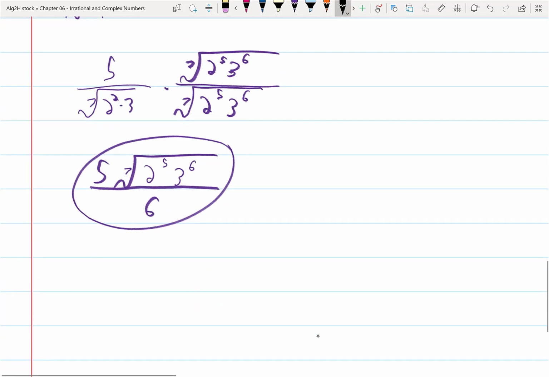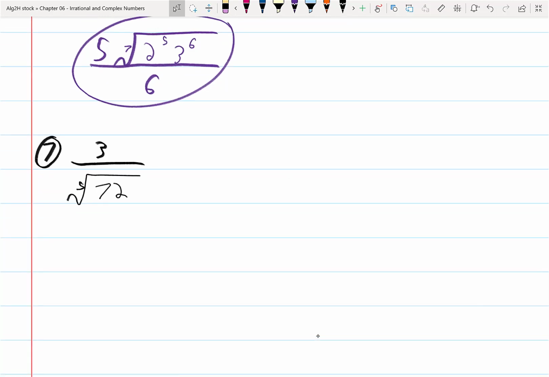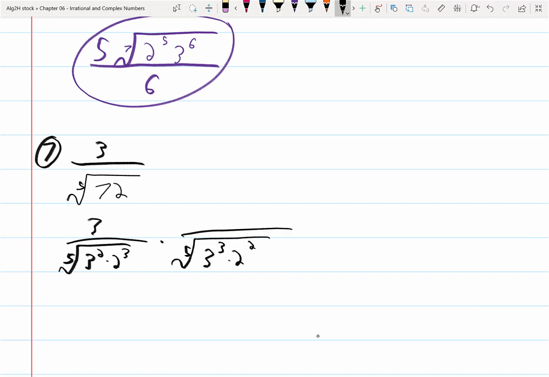I'm going to challenge you now with this next one to pause the video, try this one on your own, 3 over the 5th root of 72, and resume it. If you've resumed now, we have 3 over the 5th root of 72. I'm going to factor 72, 9 times 8, or 3 squared times 2 cubed. I know that I need 5 of every factor, which means I need 3 more 3's and 2 more 2's.